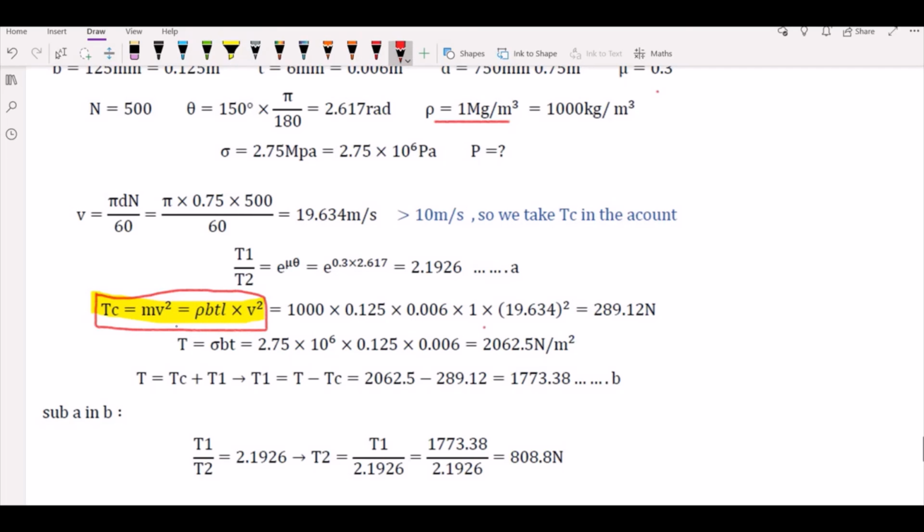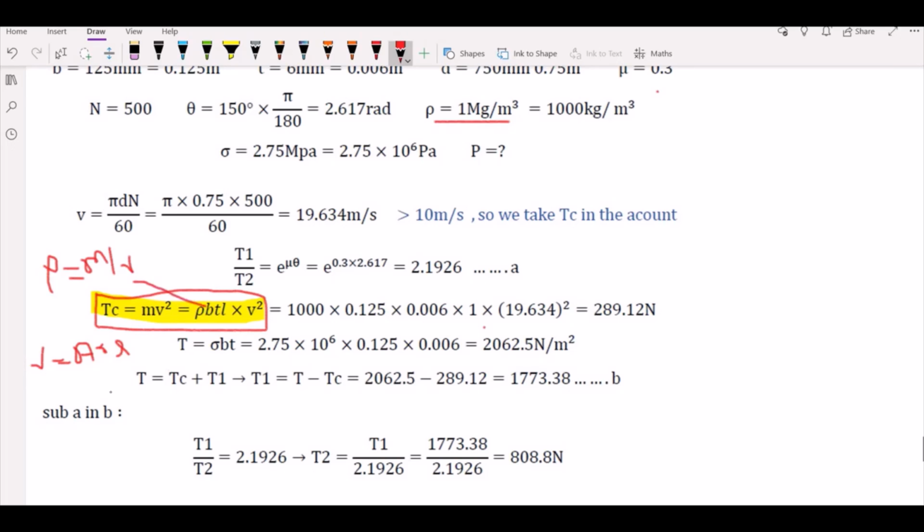Usually rho is equal to mass by volume, so mass is equal to rho into volume. Volume is nothing but B into T into L, that is area into length. From this relation you have got this.